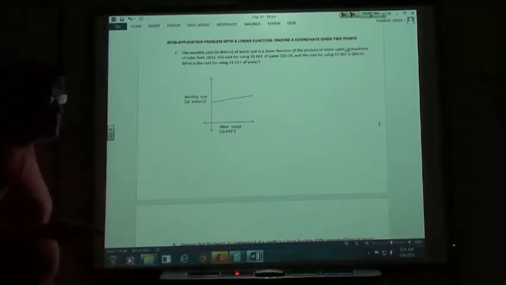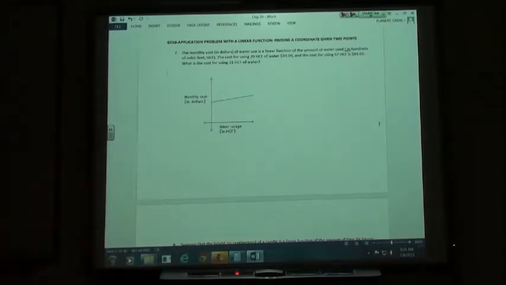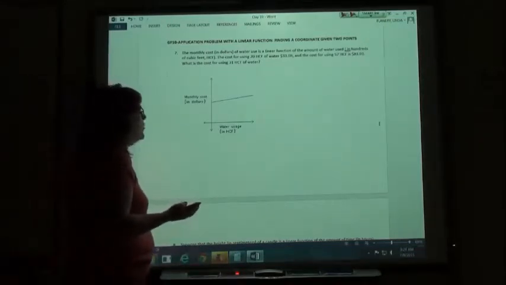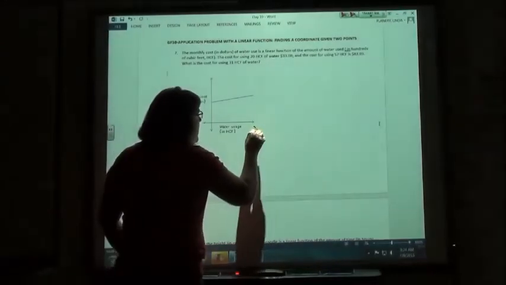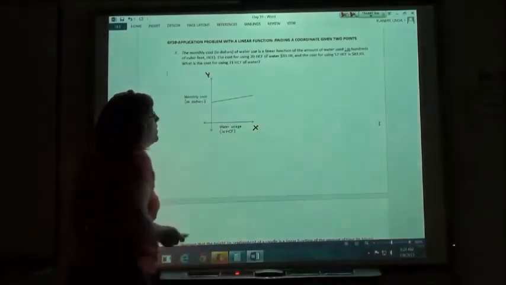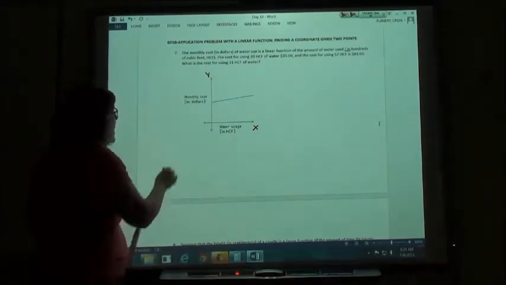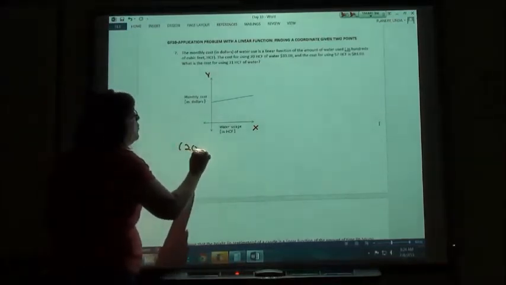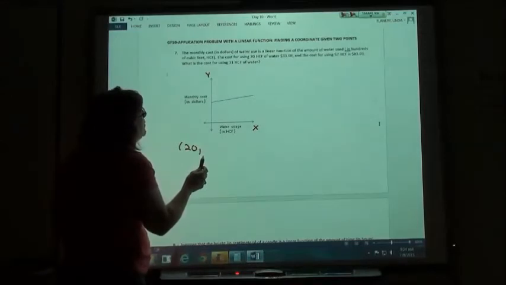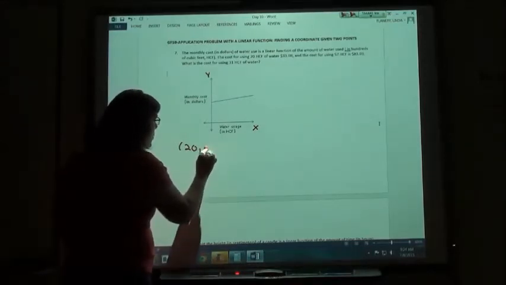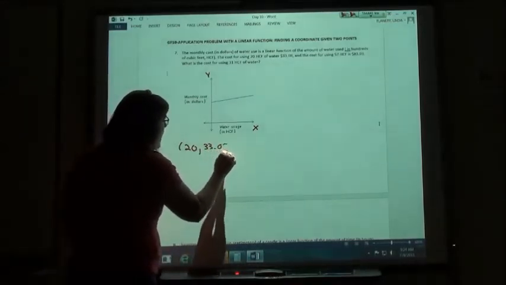So what we want to do is come up with the equation of our line so that we can then substitute in for the x and find how much it's going to cost us. So first thing we need to do is find our slope. Again, this would be my x, this would be my y. So when I do my ordered pairs, the HCF is my x value and the cost is going to be my y value, (20, 33.08).